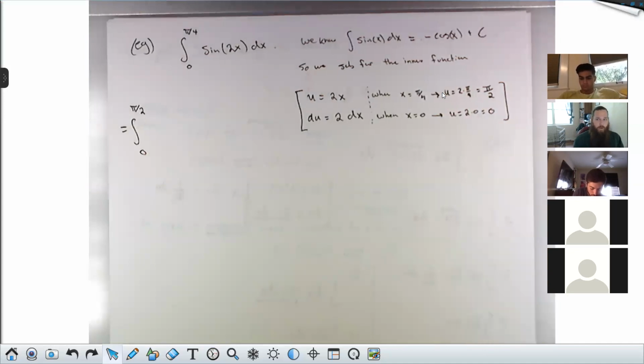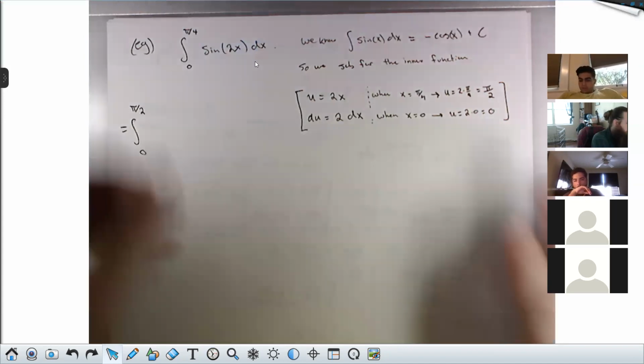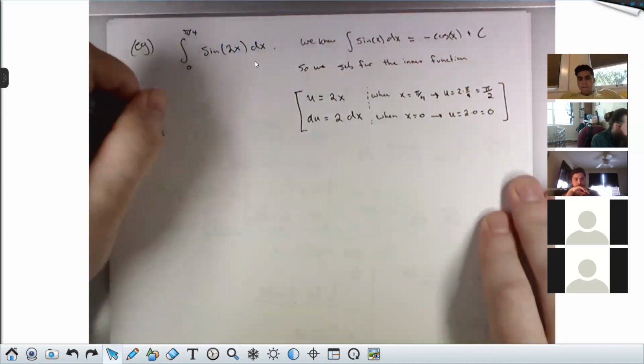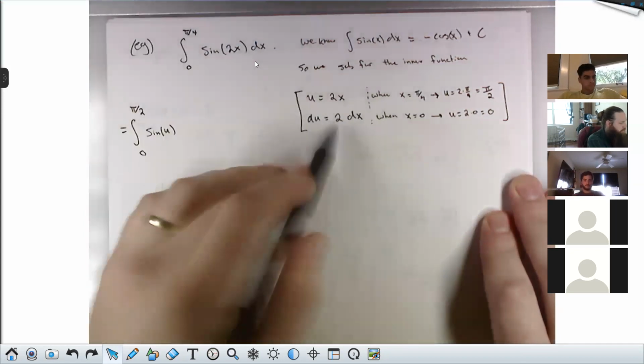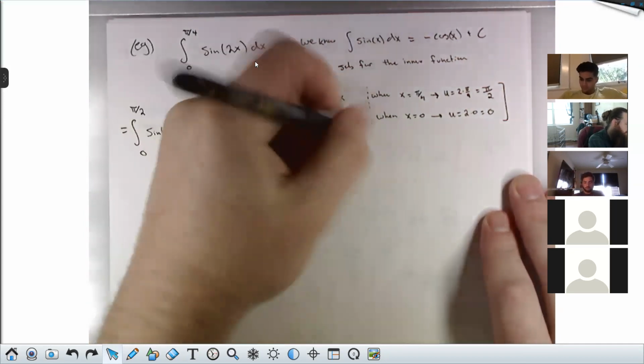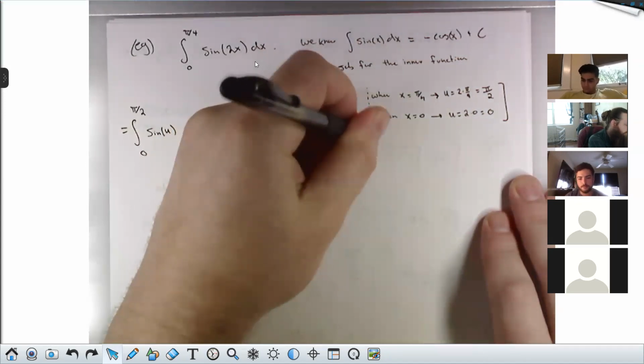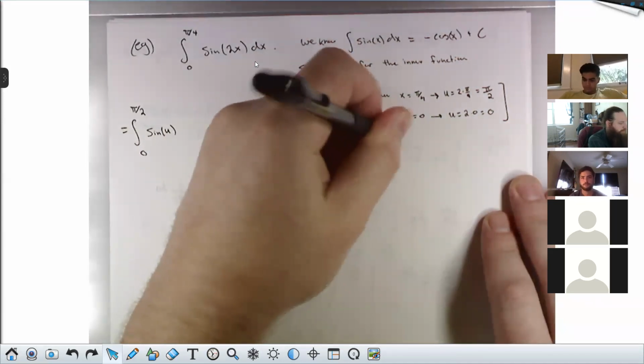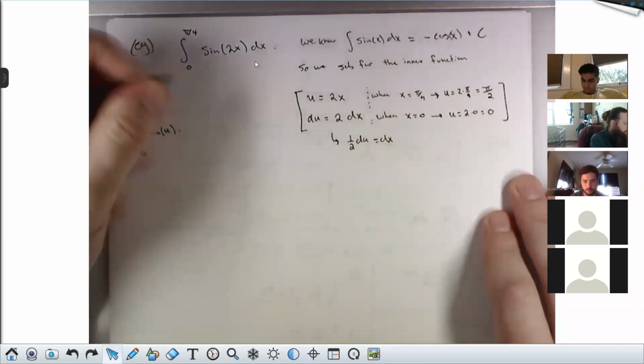Because what we're doing is called a coordinate change. We're moving from working in the xy axis to working in the uy axis. And the u axis is not the same as the x-axis. I'll show you some pictures to try and convince you. Everything else goes the same. So sine of 2x, what's that? Oh, that's the sine of u. Dx, what's that? Well, dx is 1/2 du. I'll do it this way. So I get the sine of u times dx.